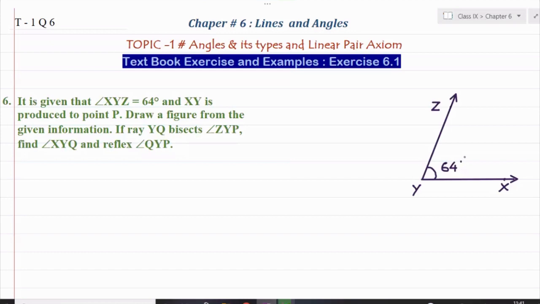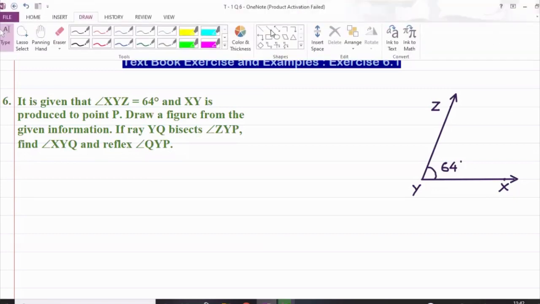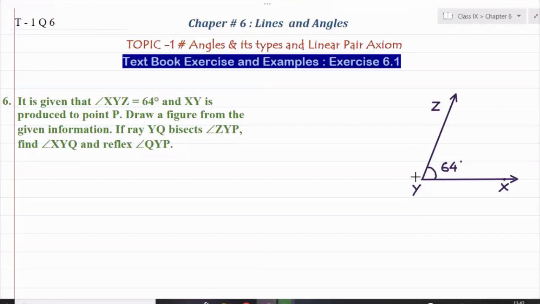Now what they are saying here is that XY is produced. So line XY, we start from the point X, come to Y, and then go in the left direction to produce the line XY to the point P. So first of all, we shall draw one line over here from the point Y, and we shall produce line XY till the point P. Somewhere on the extended line XY, the line comes to an end at the point P. Now that point P I will mark a little later; we will complete the figure first.